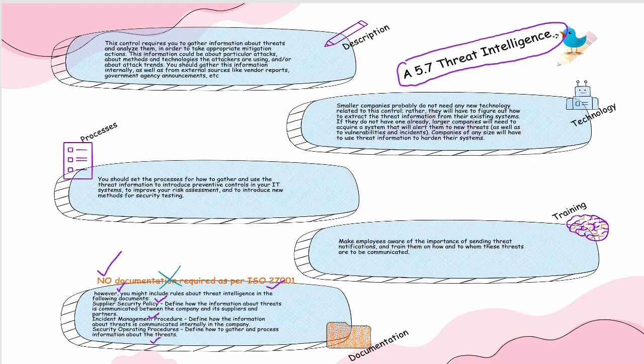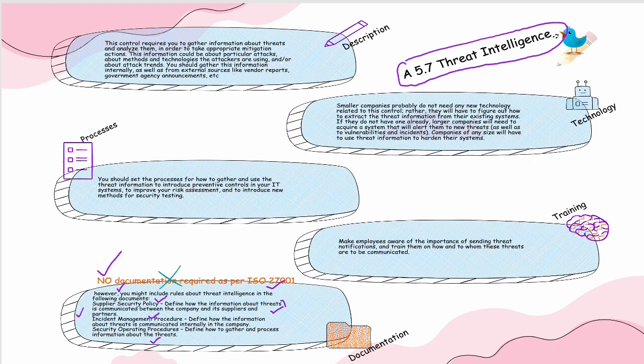You can have rules that address this particular control, threat intelligence. For example, in the supplier security policy, you can define how information about threats is communicated between the company and its suppliers and partners.